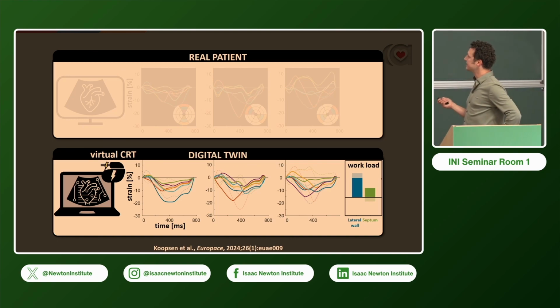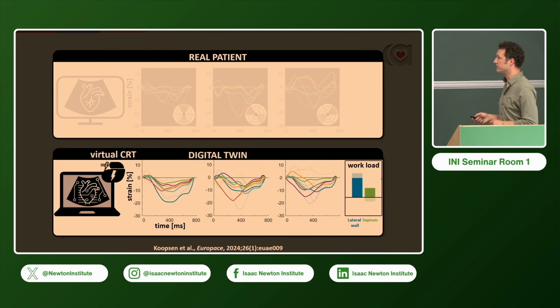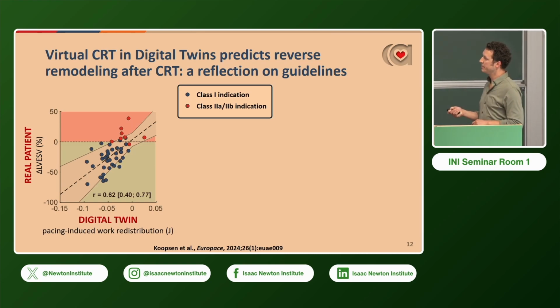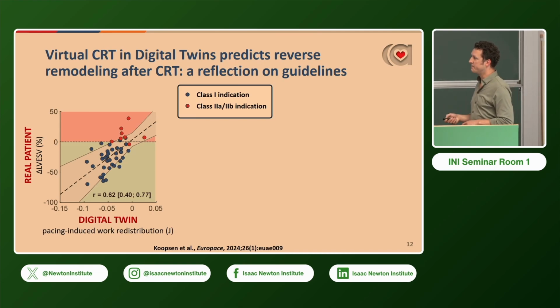Well, to do statistics, we had to put this in one number, and we looked at the change in workload, which we knew already from previous clinical studies is very well correlated to outcome after 6 months. Here we see the real response, the reverse remodeling, plotted against the virtual pacing-induced work redistribution in those patients.